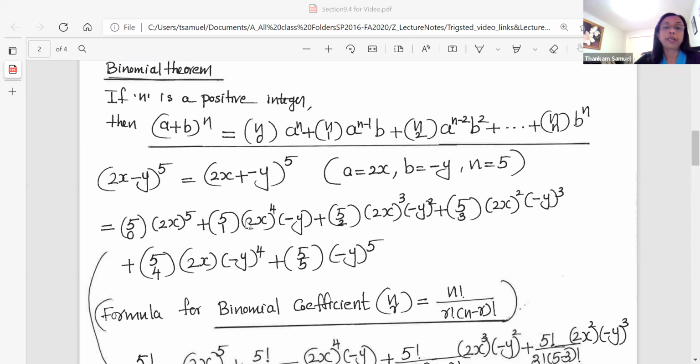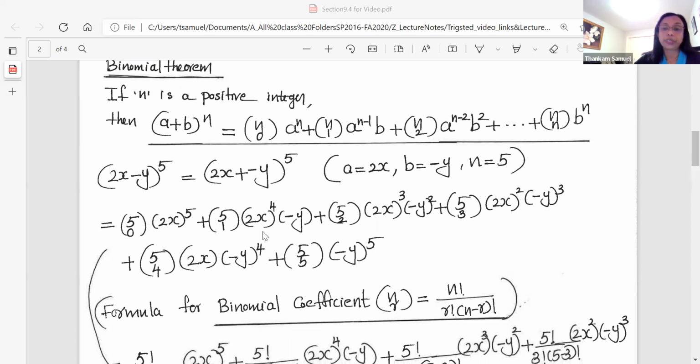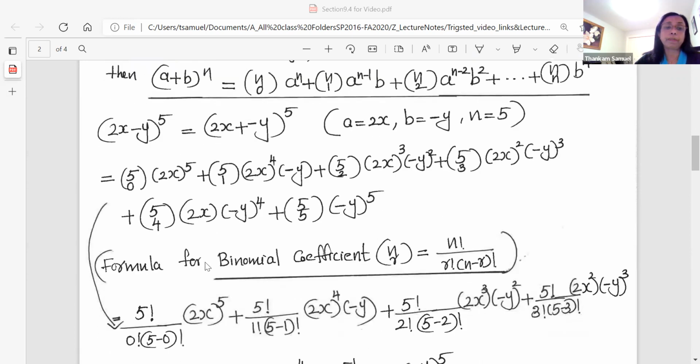Now we have to evaluate each term. You remember the formula for the binomial coefficient: n choose r equals n factorial divided by r factorial times (n minus r) factorial.